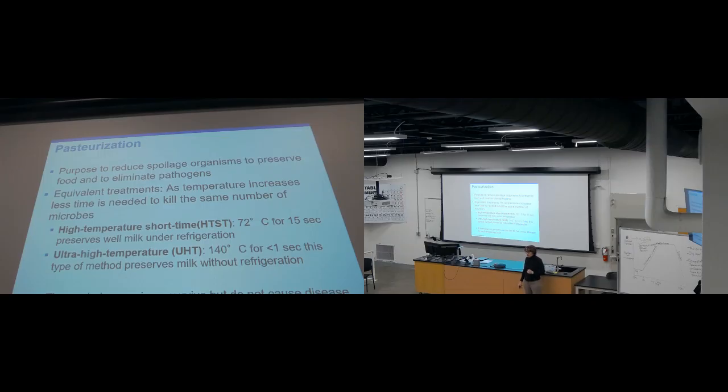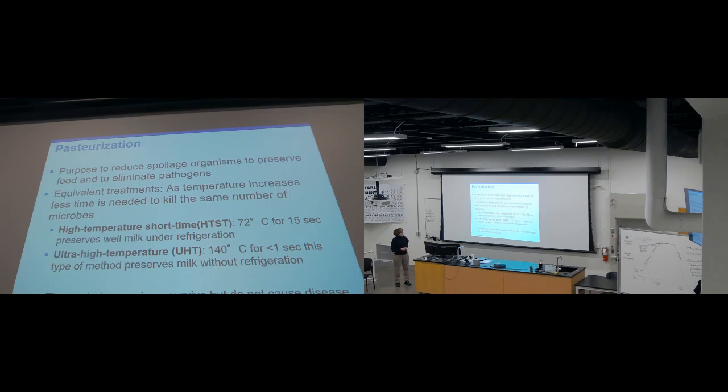And the purpose of having this nice method, which has been important to reduce the amount of food that gets spoiled, is actually to preserve the flavor and the nutrients of some foods.